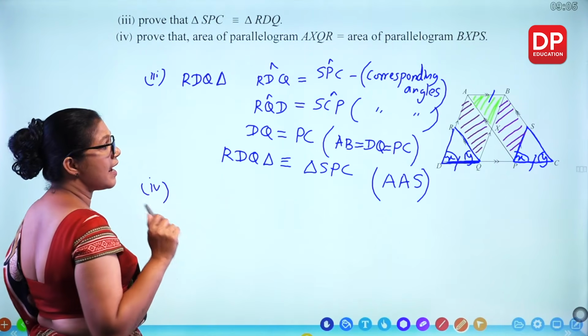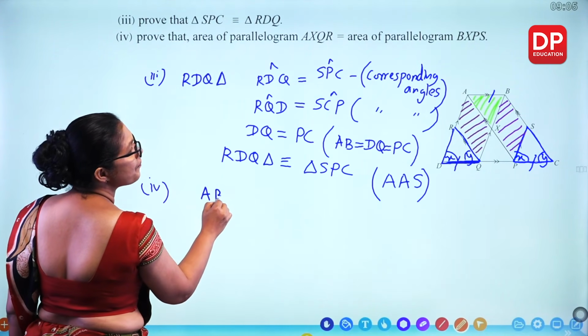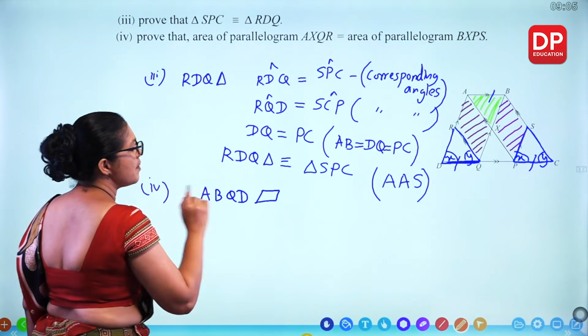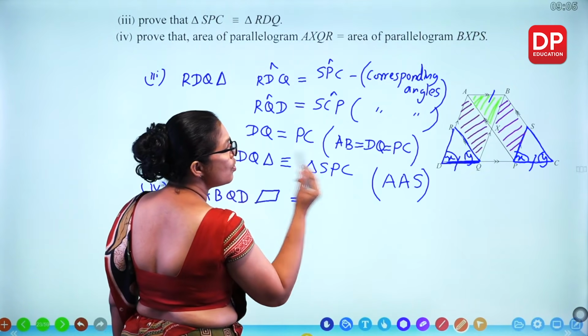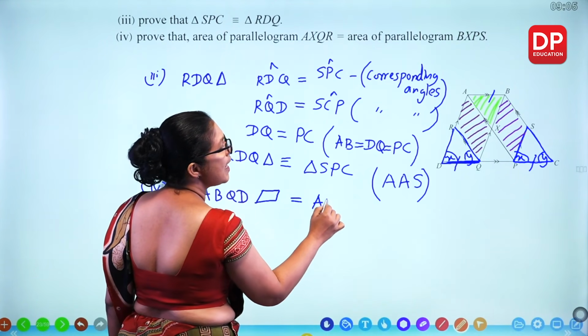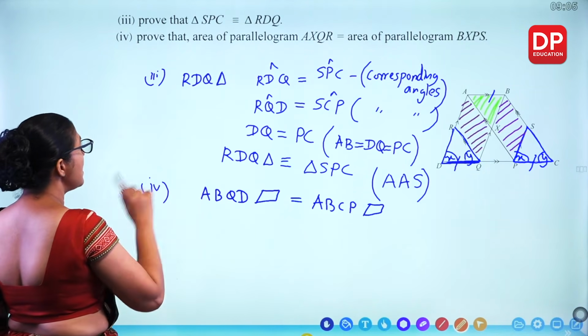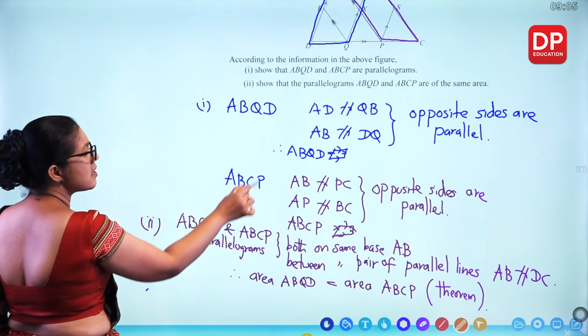First thing we can write from the previous step, the area of parallelogram ABQD is equal to the other parallelogram, ABCP. We did that in part 1.